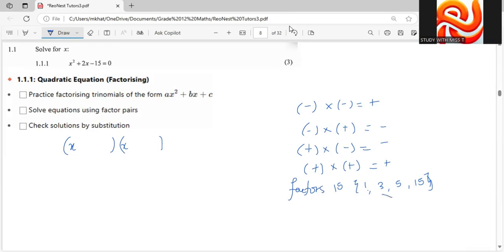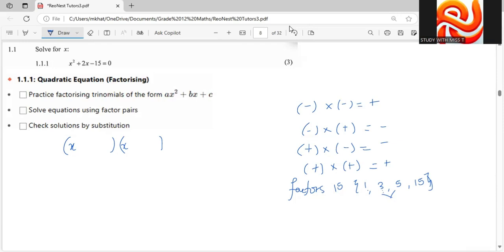But when I multiply 3 and 5, I'm going to get 15. Now, when I subtract, it depends which one has the bigger value.